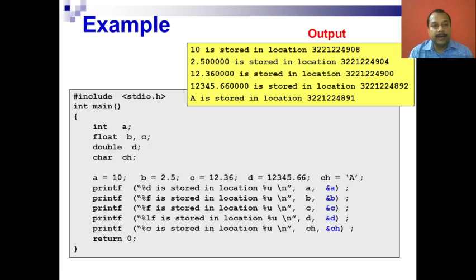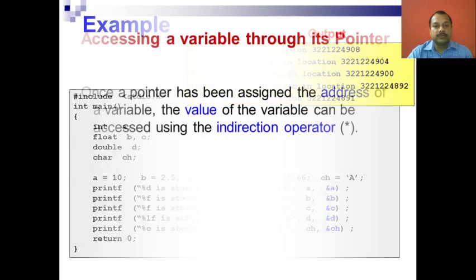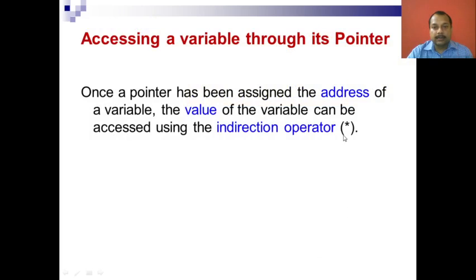Now if I declare one pointer variable, say star p, and I assign p equals ampersand a, then if I print p, it will print 322.122.4908. But if I am interested to access 10, which means the content of a through that pointer, then I have to give the star, and this star is the indirection operator.